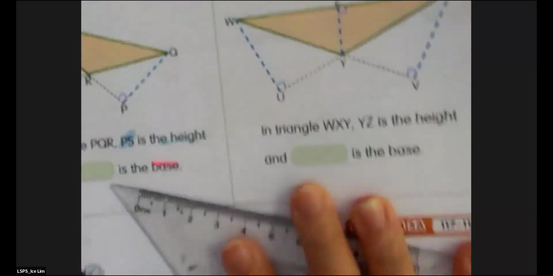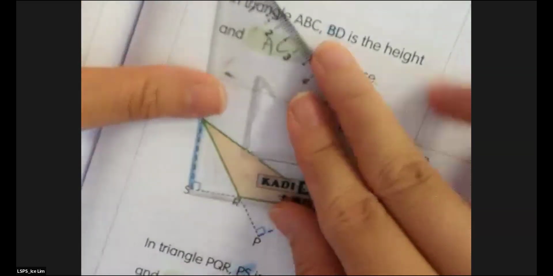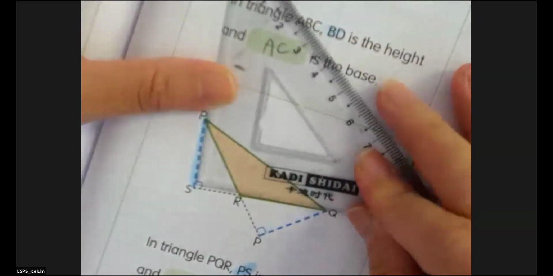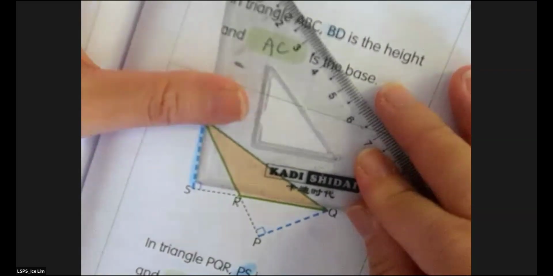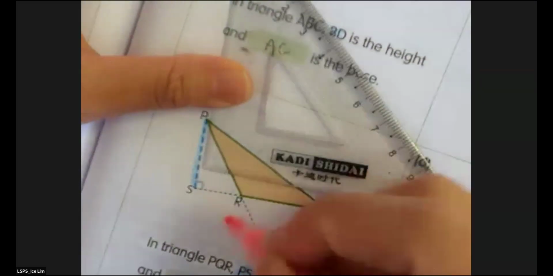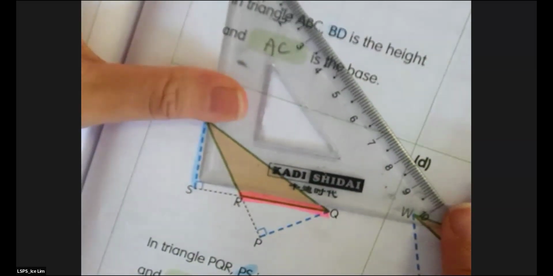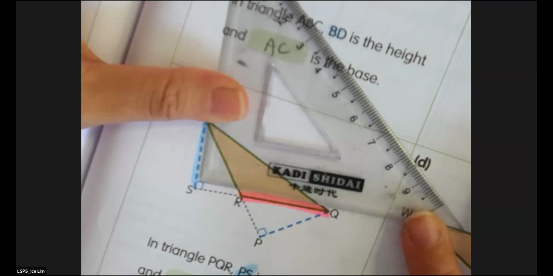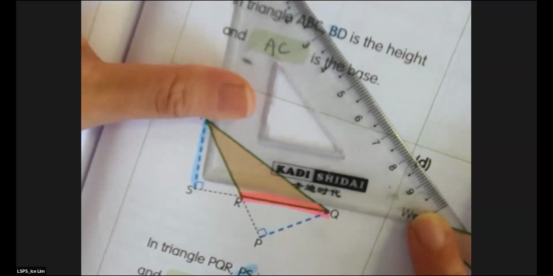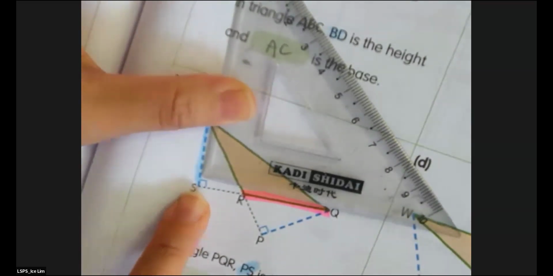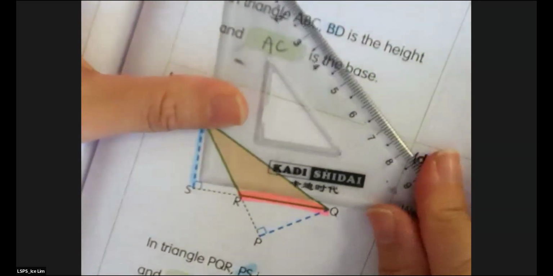So, I have this triangle. See, this is PS, and the triangle is here. The side of the triangle that corresponds to PS being the height is here, RQ. Again, it's RQ or QR. Height PS, I put my set square here.